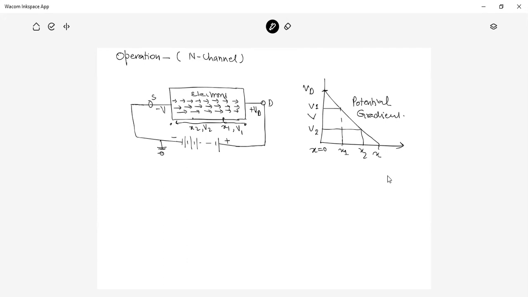So V1 is greater than V2. This potential V1 is greater than V2 at this point and this point.